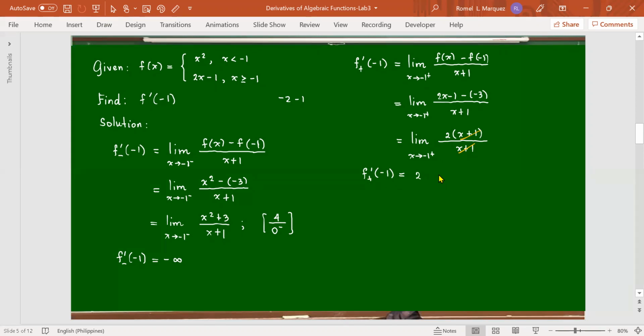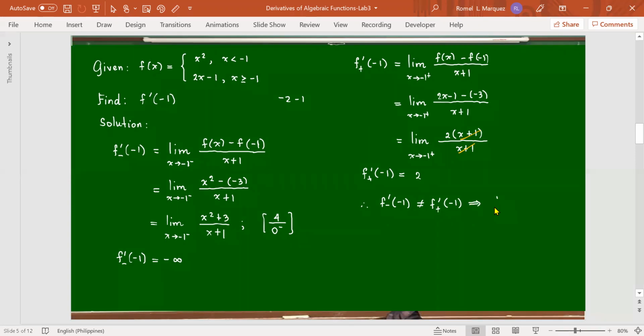So it exists from the right, but from the left, not. Therefore, our conclusion: f prime does not exist. If the derivative from the left is not equal to the derivative from the right, this implies what?